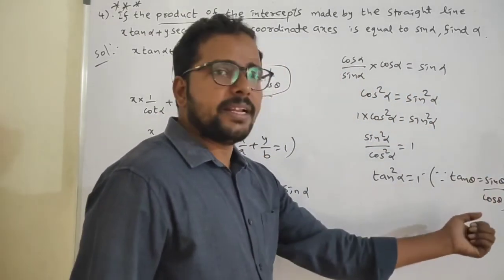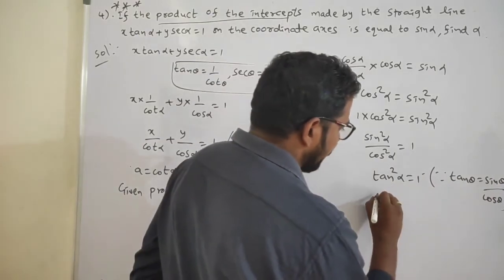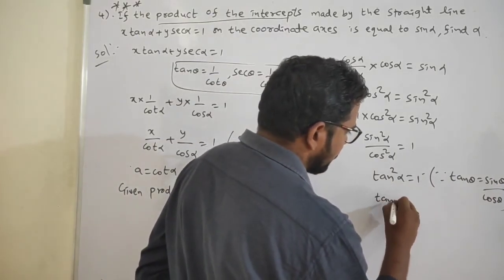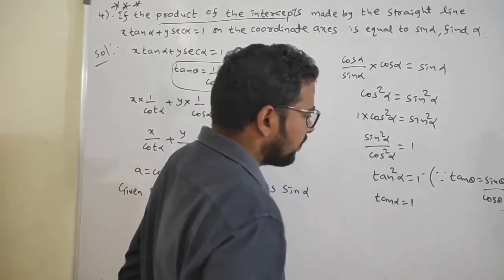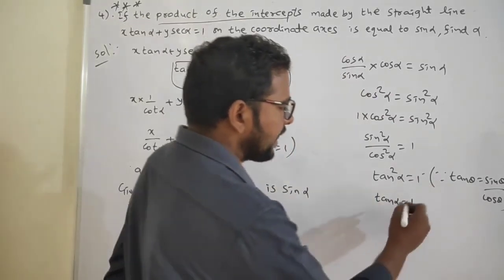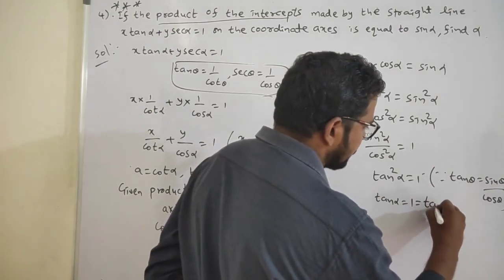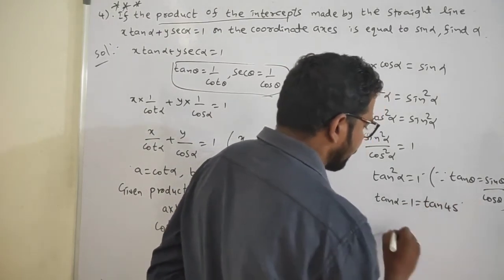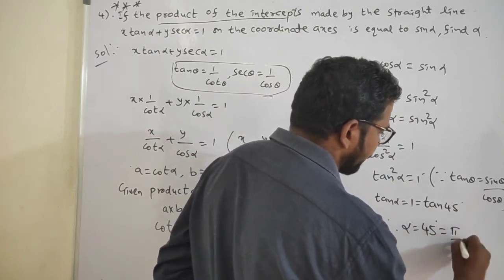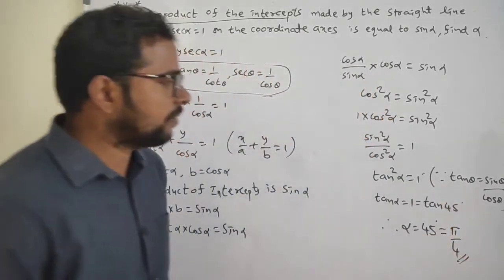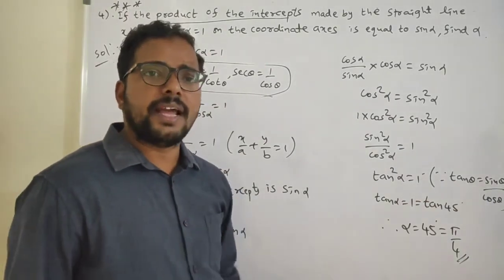So tan alpha is equals to 1. 1 square అంటే 1 కదా 1. So tan లో 1 వాల్యూ ఏదో వస్తుంది. ఏ యాంగిల్ కి వస్తుంది? tan లో 1 వాల్యూ tan 45 degrees. Therefore alpha is equals to 45 degrees or pi by 4.